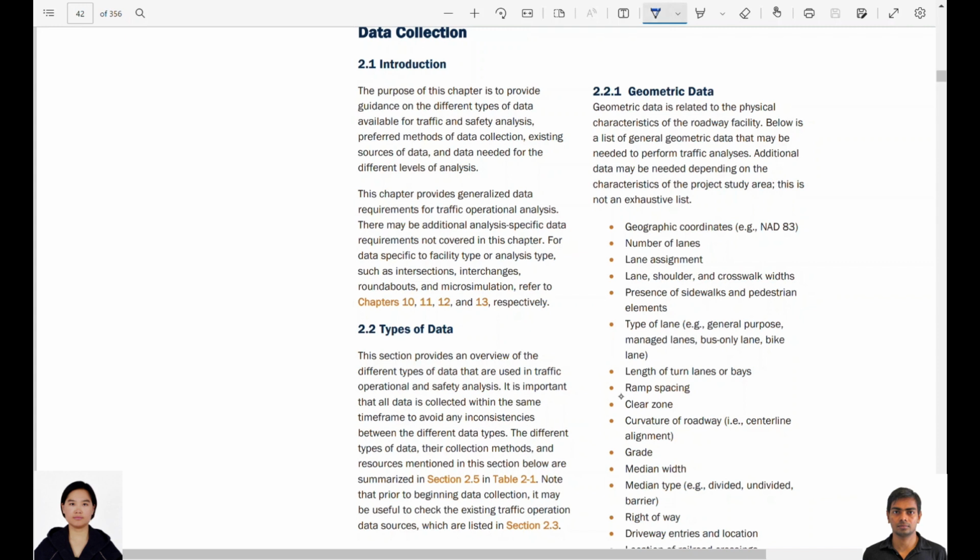The first of the better ways is to draw the segments on the map and have the map automatically calculate the length, if we want to calculate ramp spacing based on Google Earth imagery or proposed schematics.